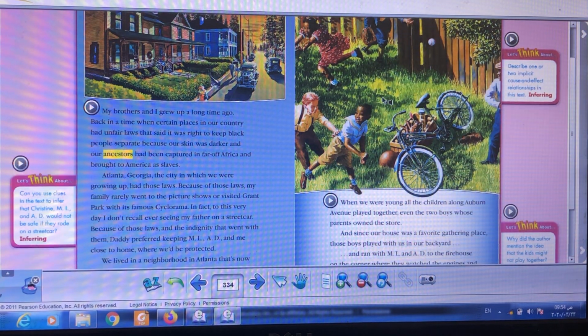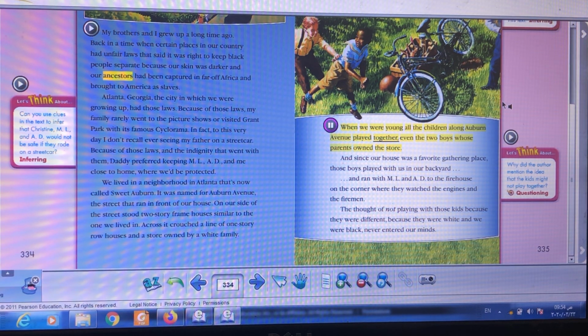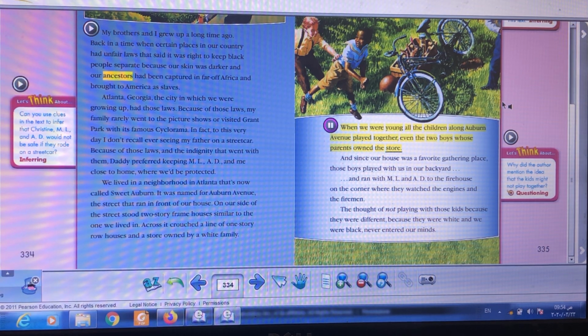Yeah, from this point here, I want you to listen and then we're going to talk together about it. When we were young, all the children along Auburn Avenue played together, even the 2 boys whose parents owned the store.